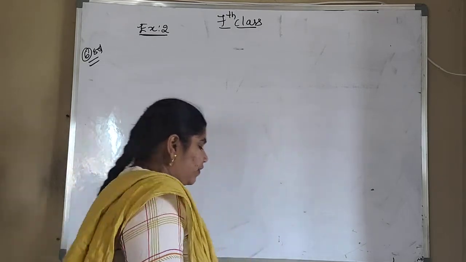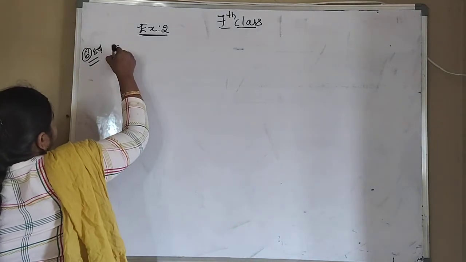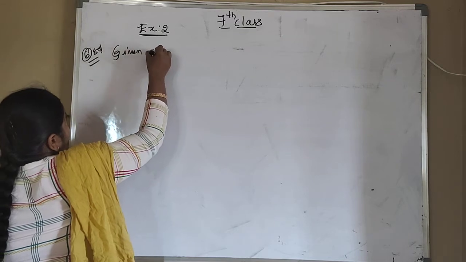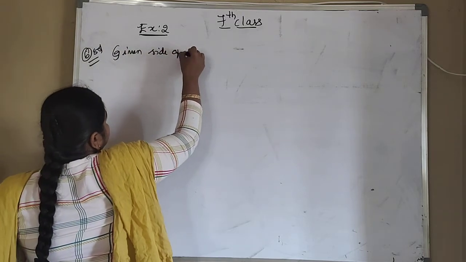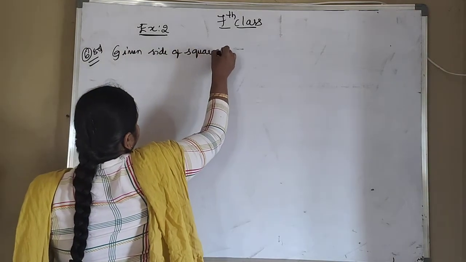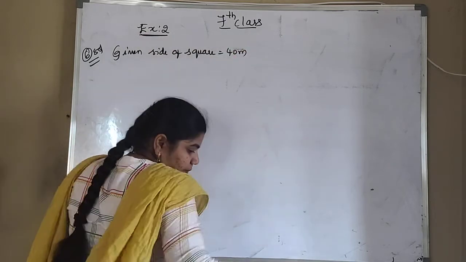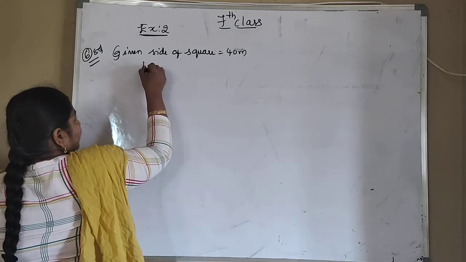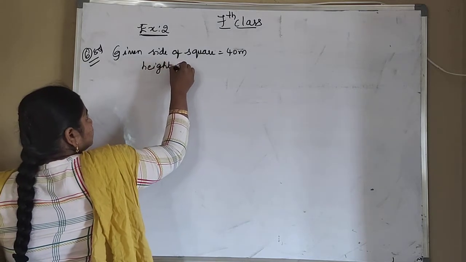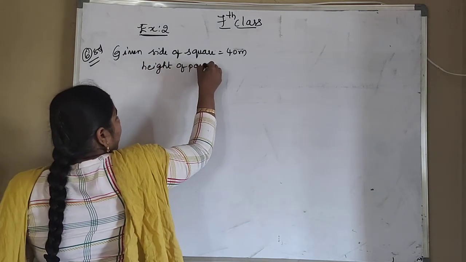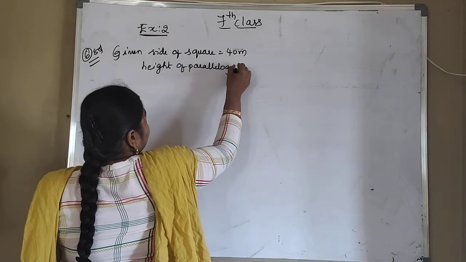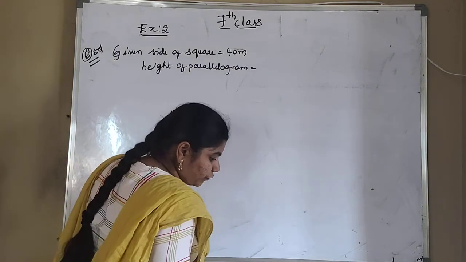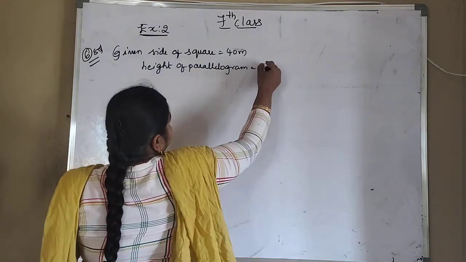And what have they given? They have given the side of a square as 40 meters and the height of a parallelogram as 20 meters.